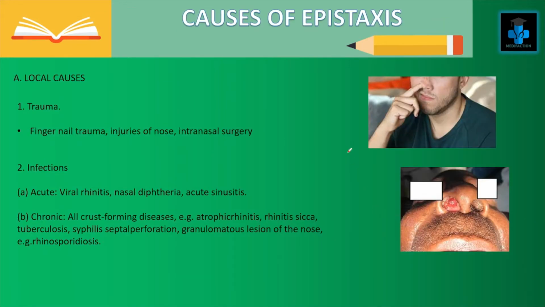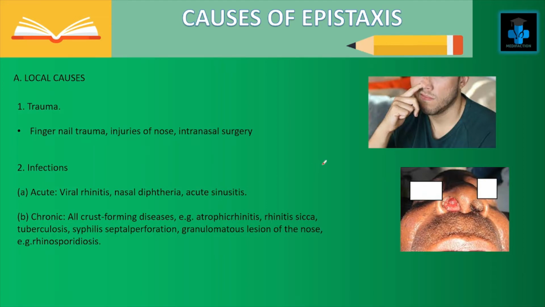Now let's see the causes of epistaxis. They are divided into local causes and general causes. In local causes, first of all, we have trauma like fingernail trauma, injuries to the nose, and even intranasal surgeries. Other local causes are infections, such as acute and chronic.